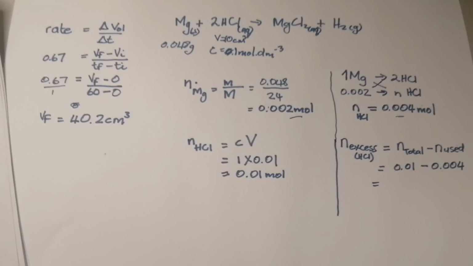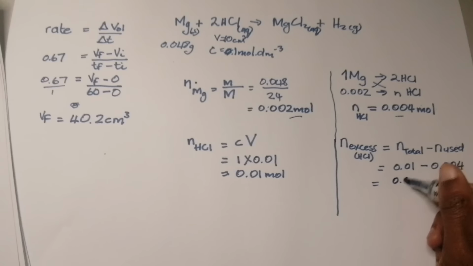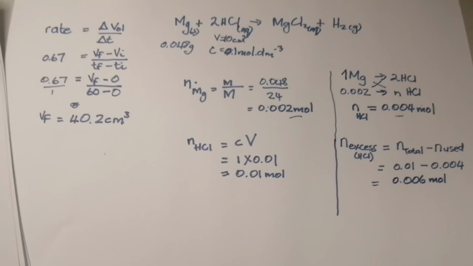Okay, so we should have 0.006 moles that are in excess. So the amount of hydrochloric acid that is in excess in moles, right, will be 0.006 moles, right?